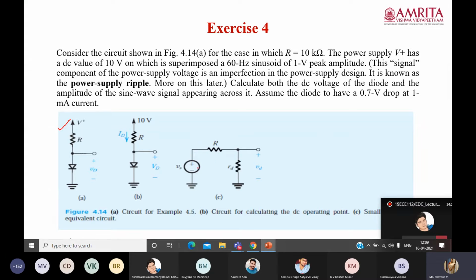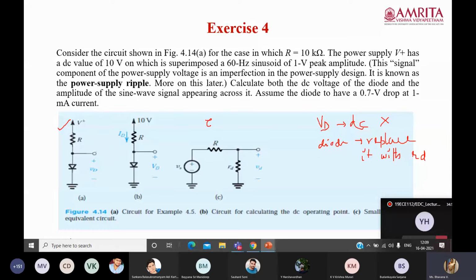In the equivalent circuit, we don't have capital VD. Why? Because it is a DC parameter, so we are eliminating it. And the diode, what are we doing with respect to the diode? Replace it with RD.